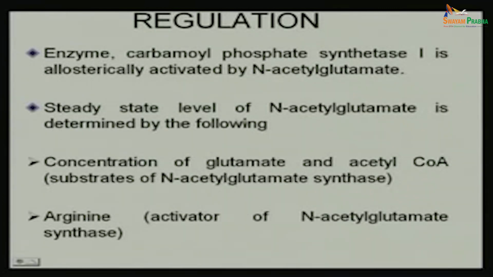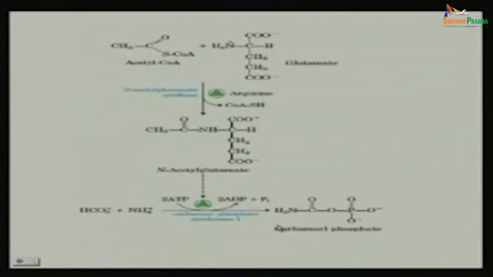The steady state level of N-acetyl glutamate is determined by the following: the concentration of glutamate and acetyl-CoA, that is one way, and another is arginine, which is considered to be the activator of the N-acetyl glutamate synthase enzyme. So, these are the two important regulators.